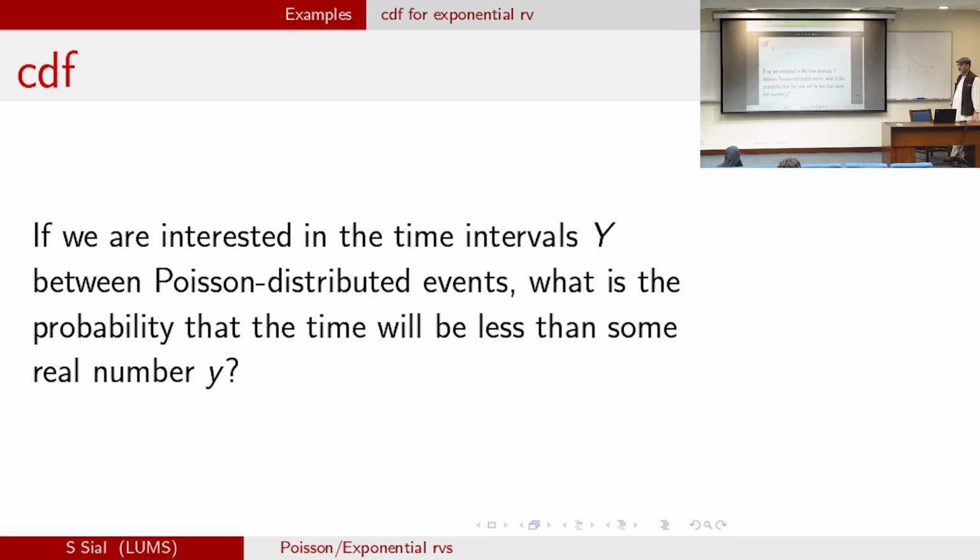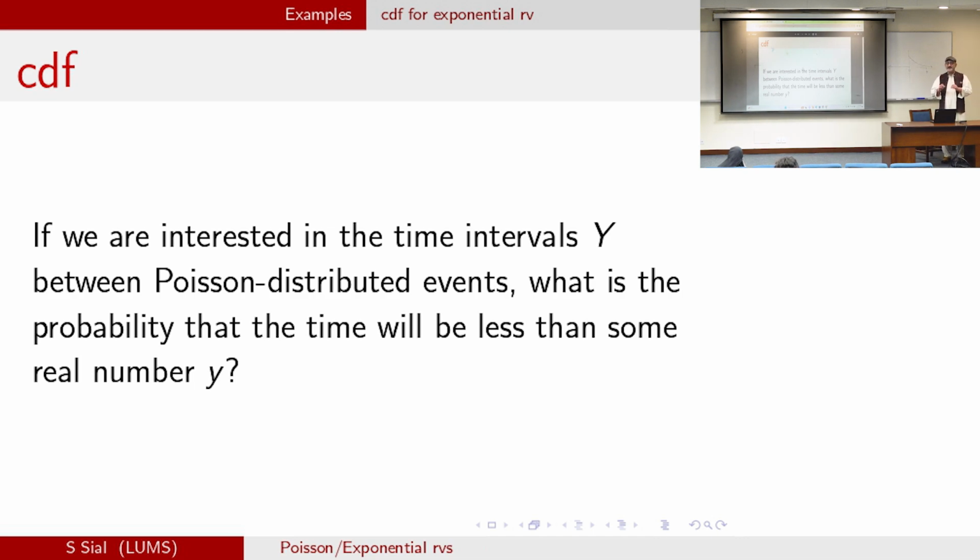Now, what's the CDF again? If I have a PDF, what's the CDF? The CDF evaluated at some value is the probability that the random variable takes values between minus infinity and that value.